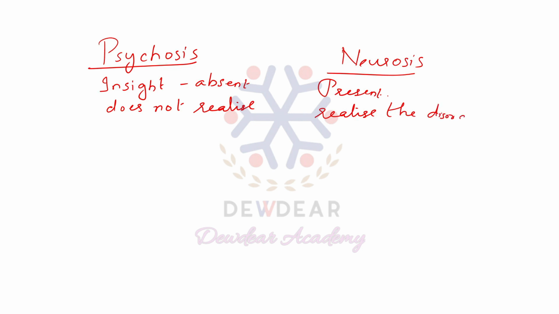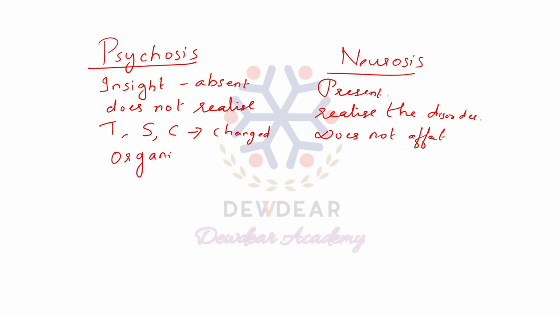Then we can find some other changes. Thought, speech and communication are changed in psychosis. But neurosis does not affect thought, speech and communication. Also organic brain problems may be present in psychosis, but for neurosis, organic reasons are not present.